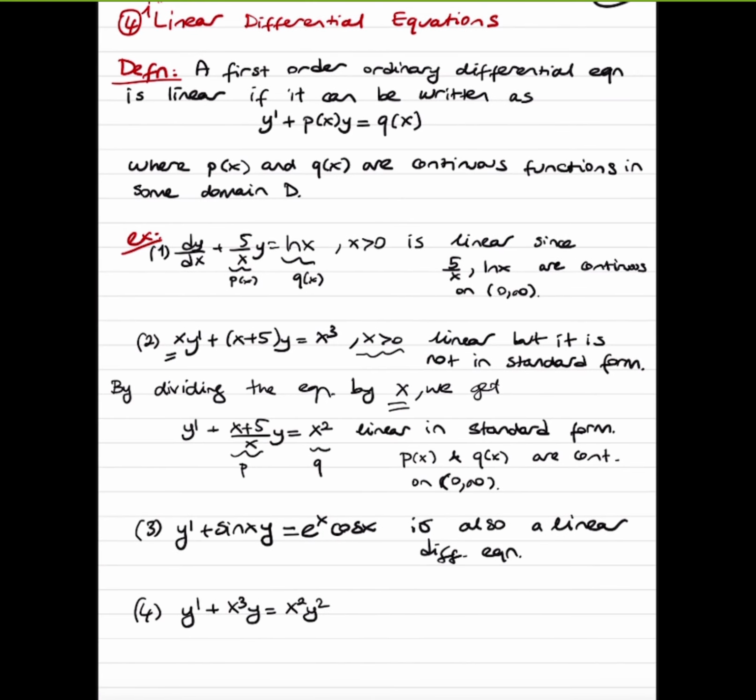As you see, this looks linear, but this is not linear because here we don't have q of x, it doesn't depend only on x because of this y squared term. There is no problem with p of x, but we cannot take this as q of x. So this is not linear.